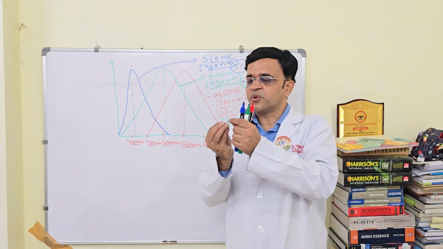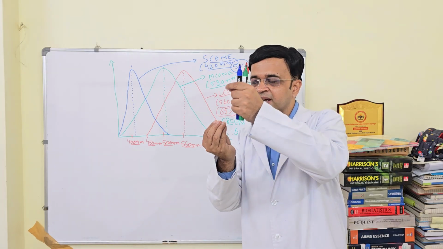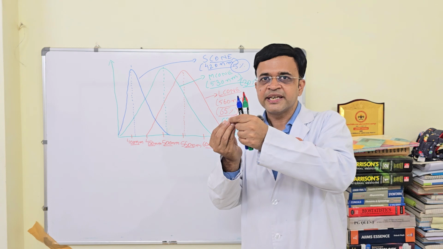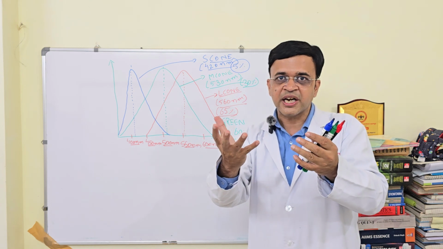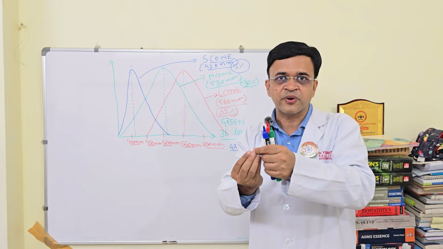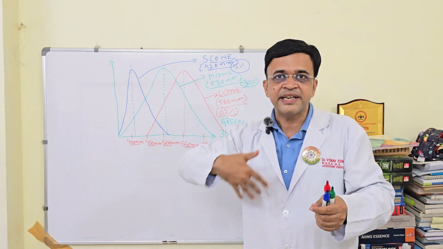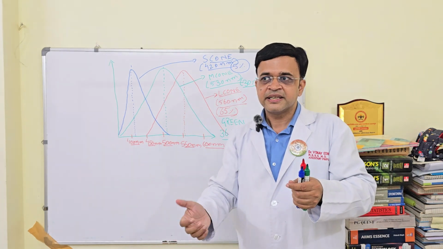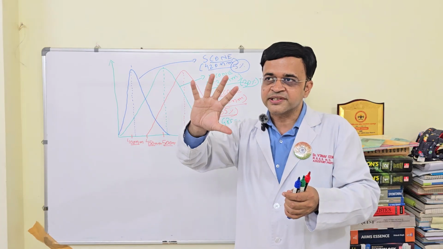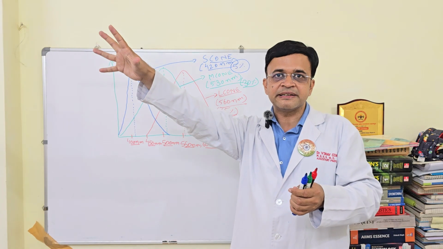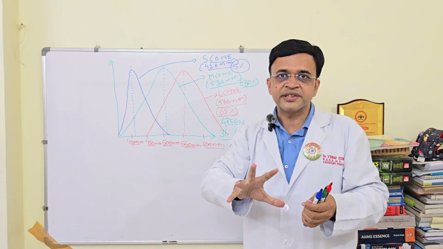Be it any kind of cone, it knows that it is absorbing some kind of photon. It doesn't know what the color of that photon is, what the wavelength of that photon is. Only in the later processing inside the brain does the brain perceive that these kinds of cones have been maximally stimulated, so the color is this.